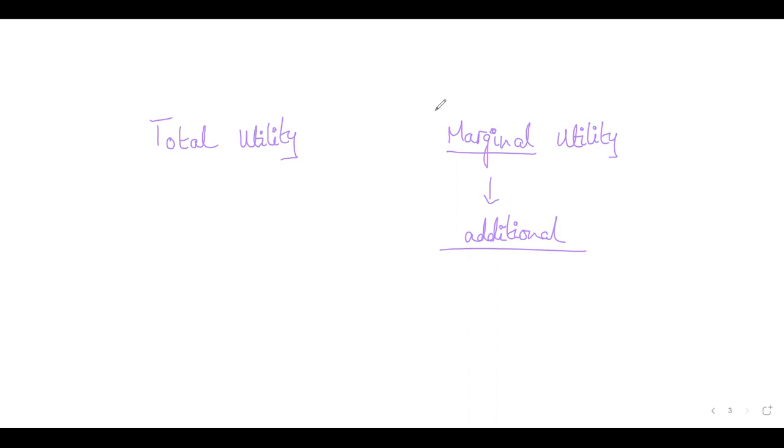So additional satisfaction is decreasing. And therefore, listen to this carefully, students: since additional satisfaction from each additional unit of the good is decreasing, you as a consumer are willing to pay something lower for the second unit compared to the first unit.